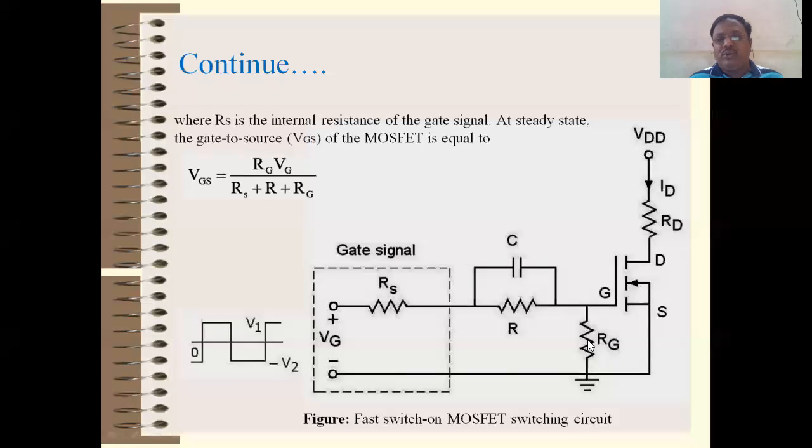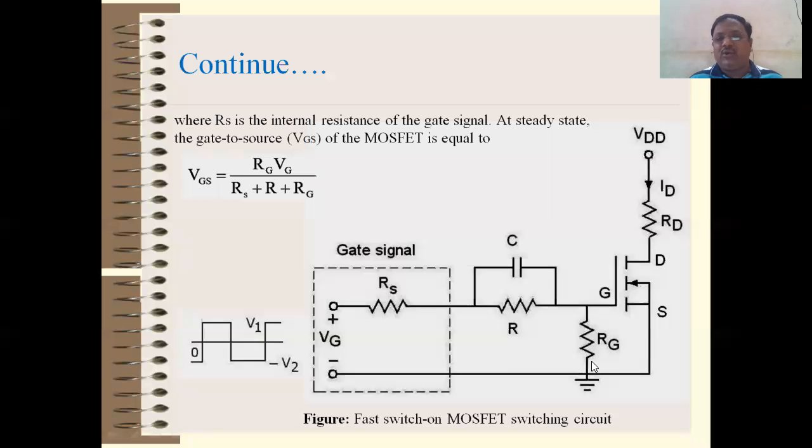So what happens actually, in this particular circuit, the value of this RG is not equal to 0, right? So when the input voltage switches from 0 to 5 volt or high, this capacitor is at short circuit, right? But this value RG is not equal to 0.